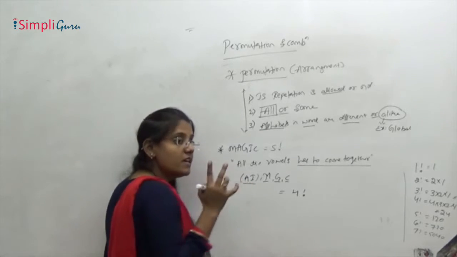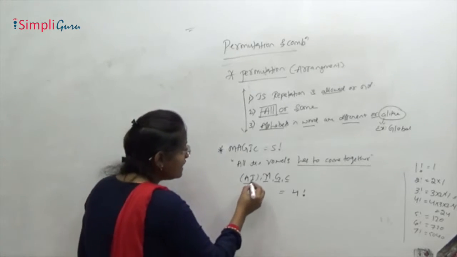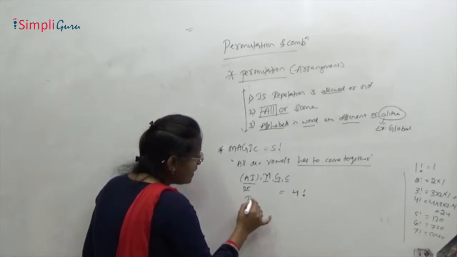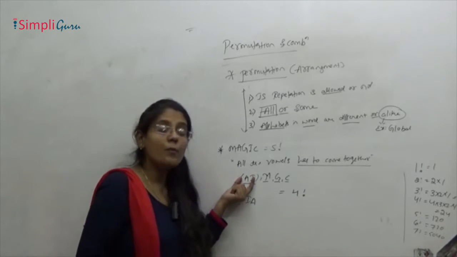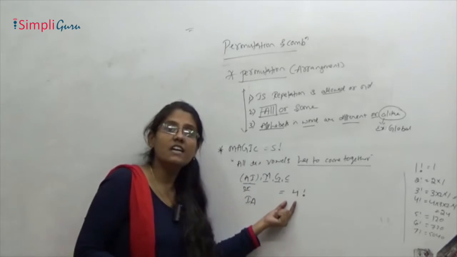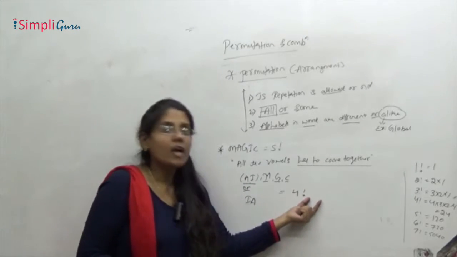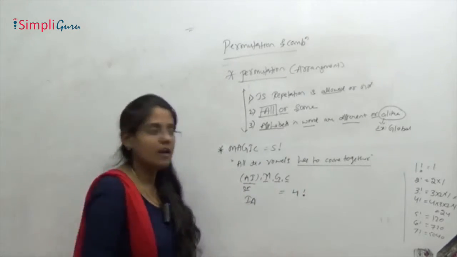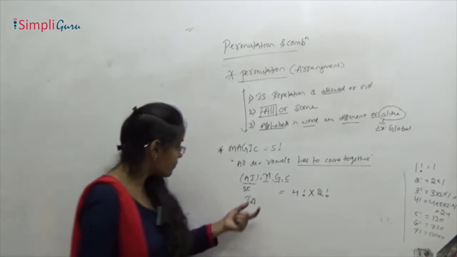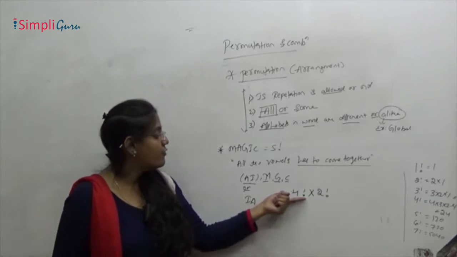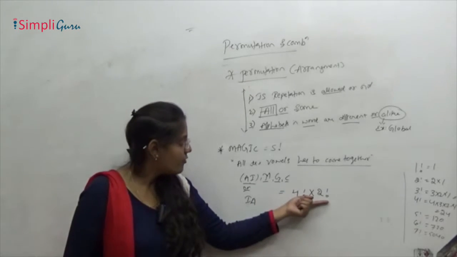This AI can be written in 2 different ways. I can write AI or IA, right? So in the bracket, how many vowels are there? We have to take that much factorial in multiplication with the total number. So it's 2 factorial. Everyone understood how the 2 factorial and 4 factorial came?